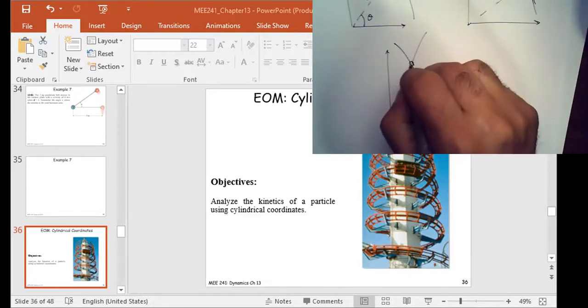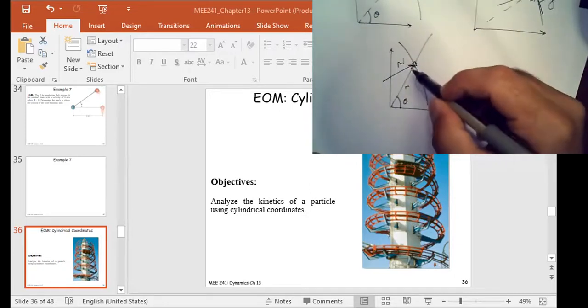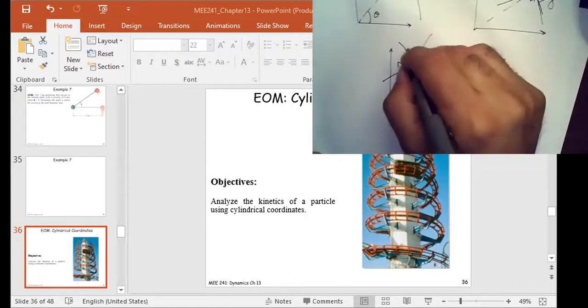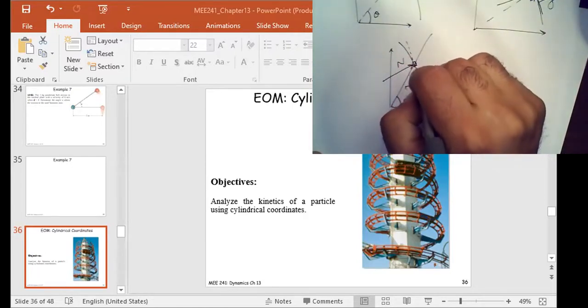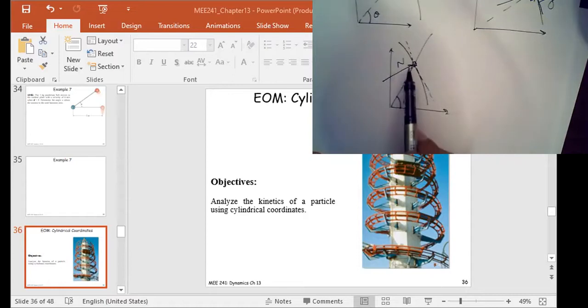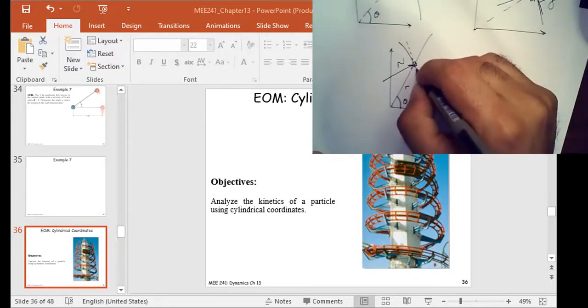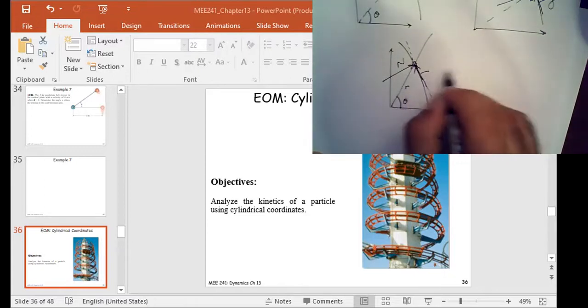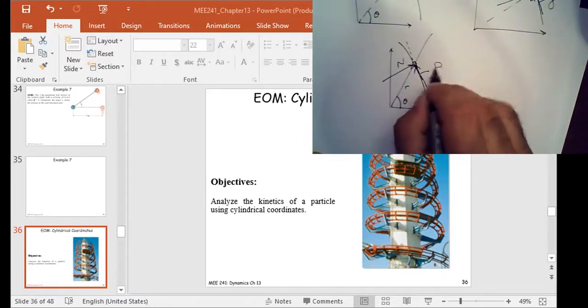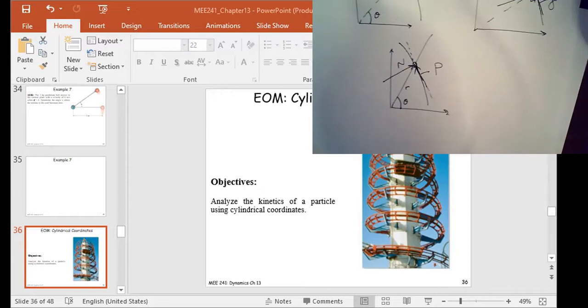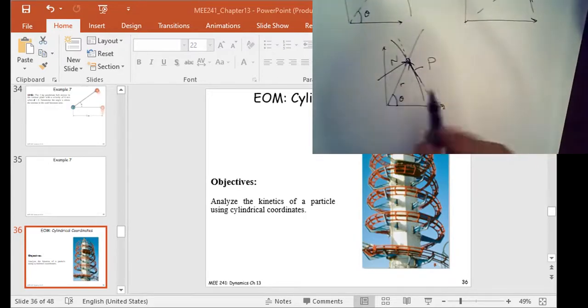We have a normal force, which is perpendicular to the tangent. This is my tangent right here. And then we have a frictional force or a pushing force. The force could either be pushing this guy or decelerating it. I can call that, for example, P. So this is my N and this is my P. These are the external forces.